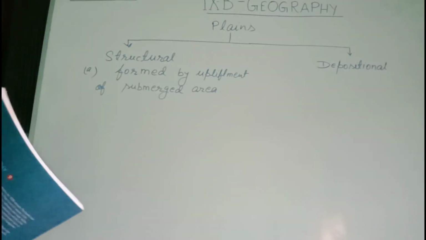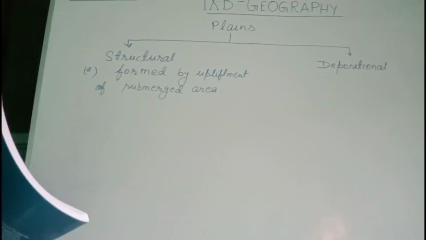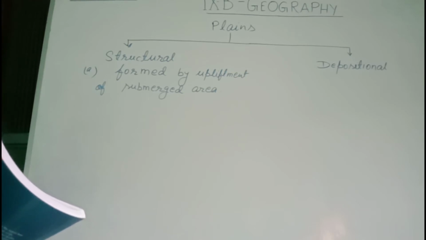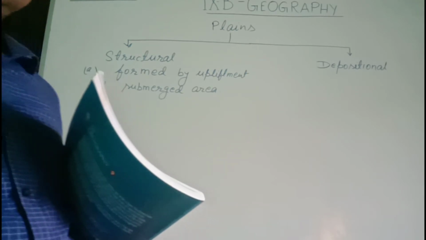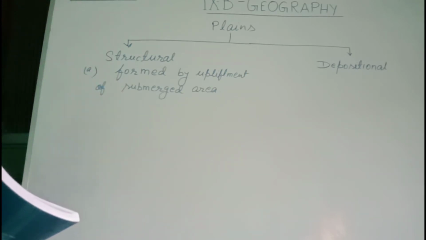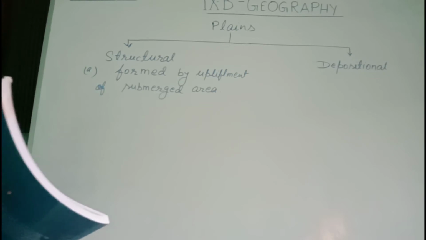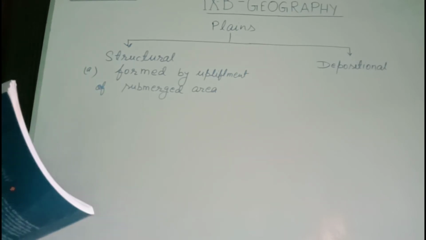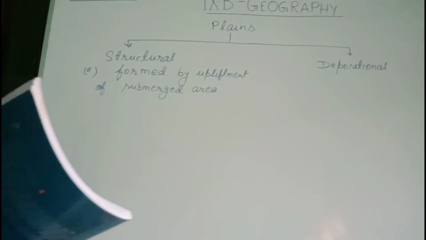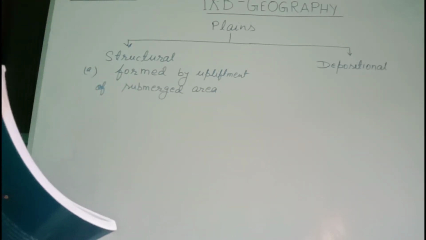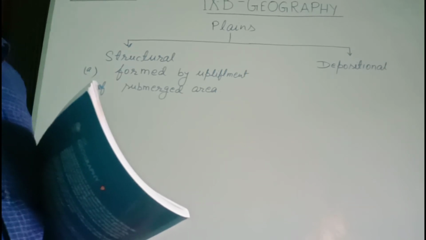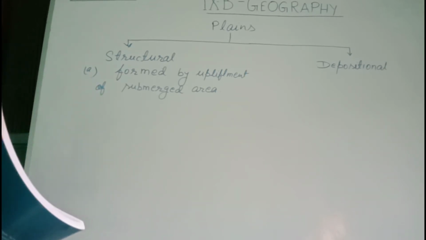You can consider the coastal region that remains almost submerged into the oceanic water, but by the waves of oceanic water, the sediments are deposited in the coastal region, and slowly that submerged area is uplifted, getting a shape of the plain.